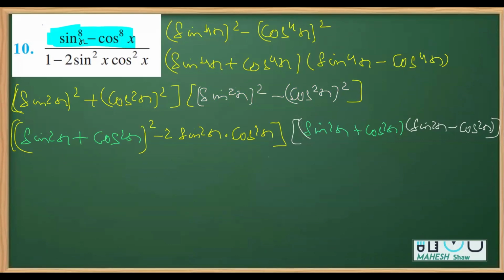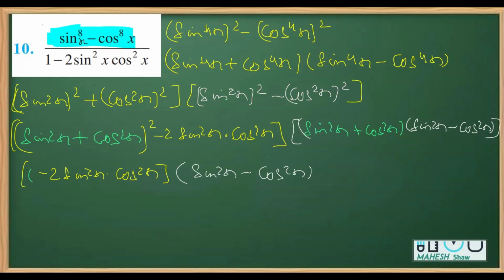So I'll be writing this as 1 minus 2 sine square x dot cos square x, and here too it has become 1, and 1 multiplied by any number is the number itself. So this remains as sine square x minus cos square x.